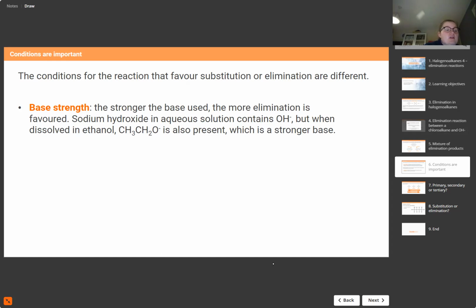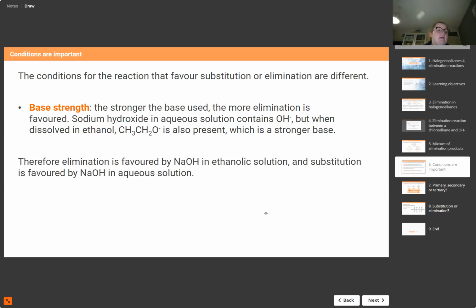So sodium hydroxide, when it's in ethanol, is really important to remember, creates a stronger base than when it's just in an aqueous solution. Therefore, elimination is favoured by sodium hydroxide in ethanolic solution, and substitution is favoured by sodium hydroxide in aqueous solution. This is why earlier when we were talking about substitution reactions, I said it's really important to say that it happens in sodium hydroxide in an aqueous solution, and that's why.